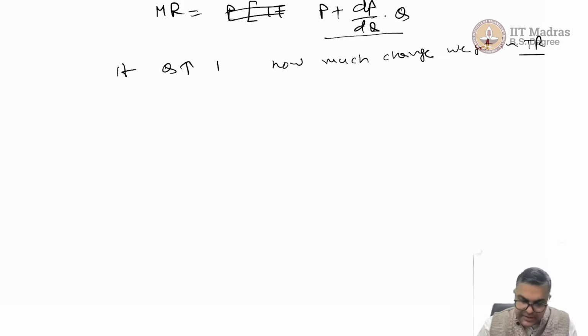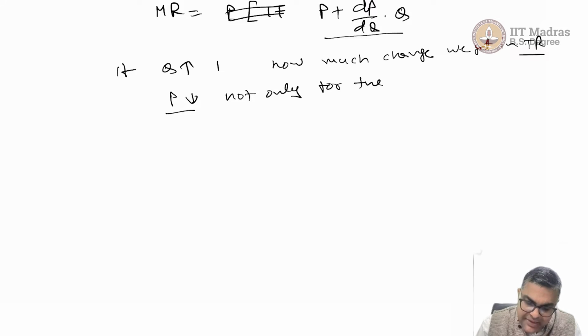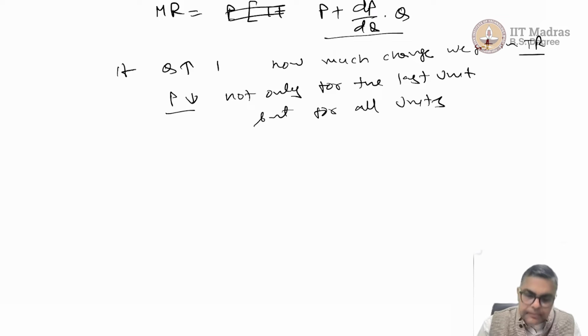That's what MR is. So if Q is going up by 1 unit, P will come down, and P will come down not only for the last unit but for all units bought or sold in the market. So if you want to increase Q, you have to bring down P.